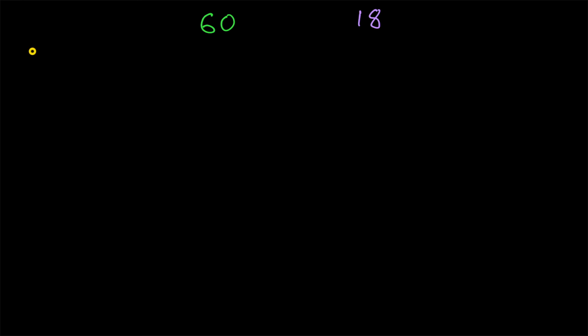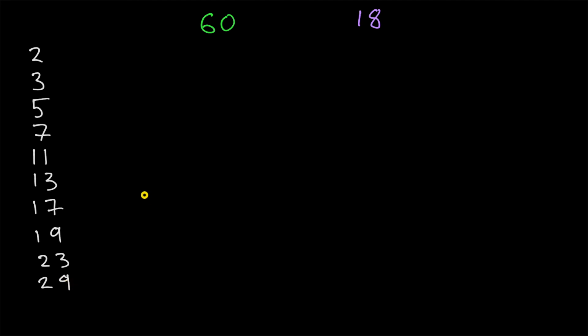The first 10 prime numbers are simply 2, 3, 5, 7, 11, 13, 17, 19, 23, and 29. And if you cannot remember these, or you cannot find these online, I have another video for you that shows you how to find prime numbers, and you can see that video right now in the top right hand of your screen.